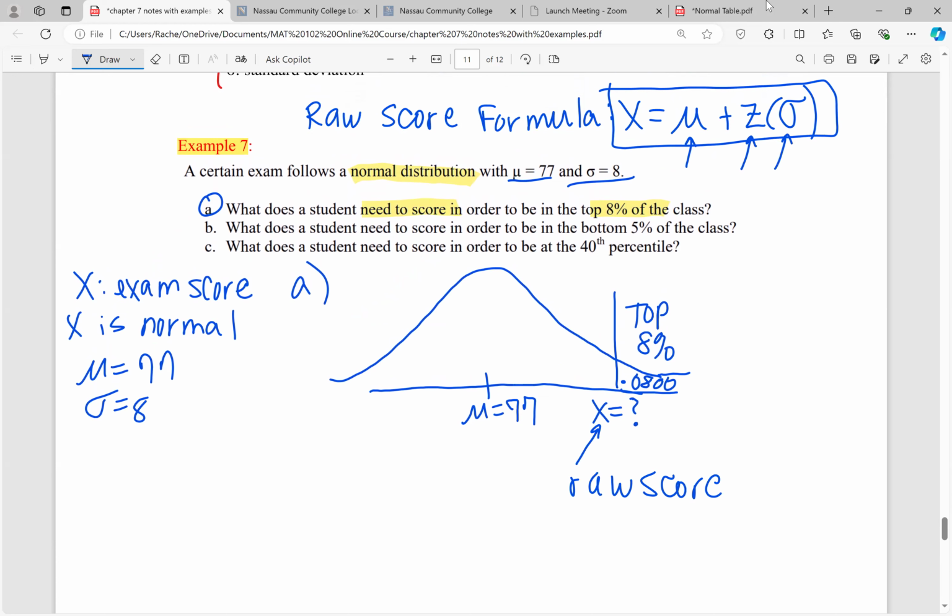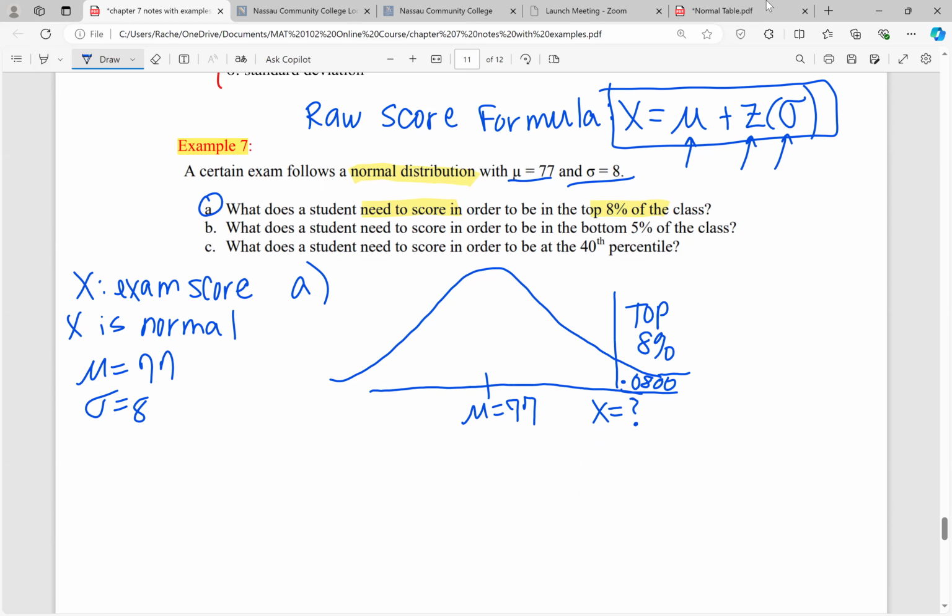I have mu and sigma, they're right here. But I don't know the z-score, right? What's the z-score that correlates to this X value, to this data value? If I had that, then I could plug into my raw score formula and get X. Well, you guys know how to do that. I just taught you that in the last lecture, right?